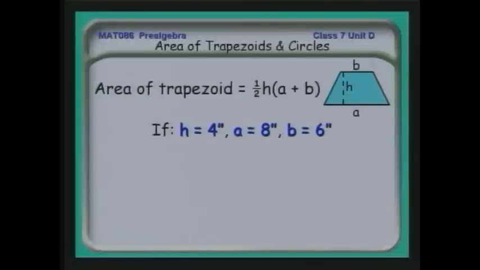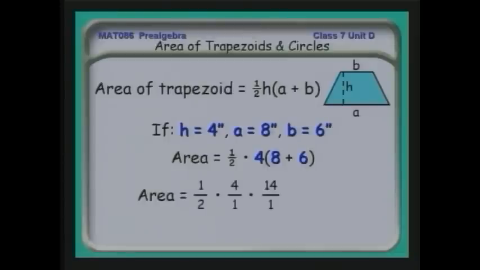Suppose we have a height of 4 inches, and the long side is 8 inches, the short side is 6 inches. If we substitute that in, it's 1/2 the height times the sum of those two bases. Working that out, I get that the area is 28 square inches.